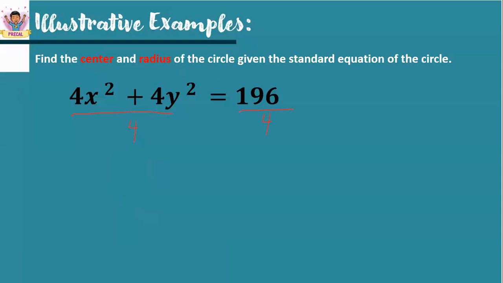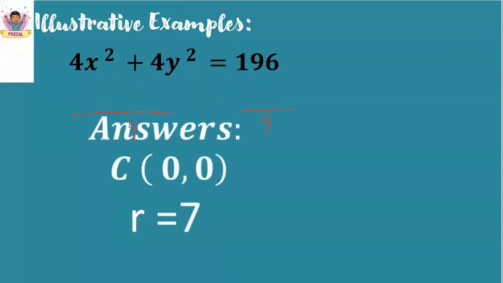But what's the value of 196 divided by 4? Obviously that is 49. Since this is 49, we get the square root of 49, so r is equal to 7. But still, our center is located at the origin, or (0, 0).